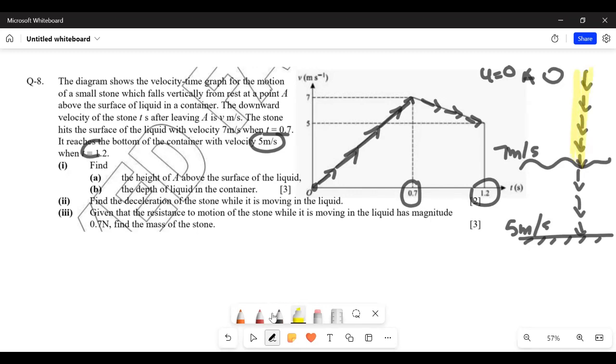How will this come? You need either this height or this area. Both should give you the same answer, because in the speed time graph, the distance is the area under the graph.